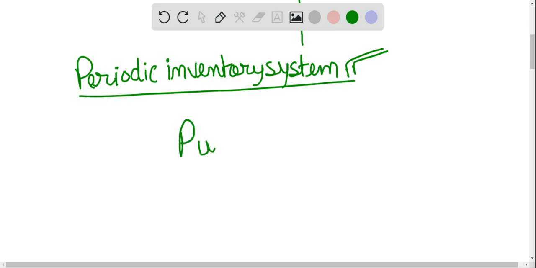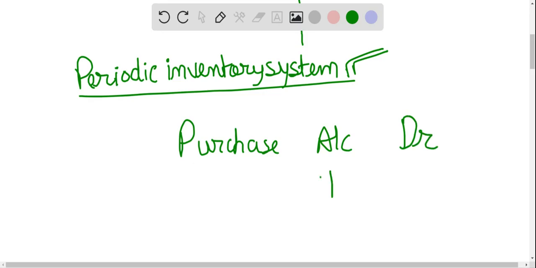Like, first of all, it will debit the purchases, or let's make it singular. Okay, so purchase account debit to cash account. Why is that so?